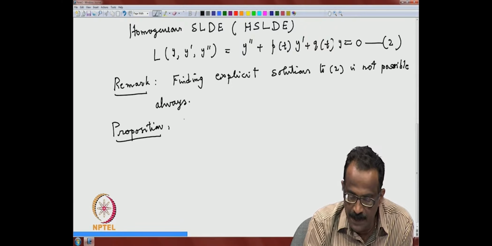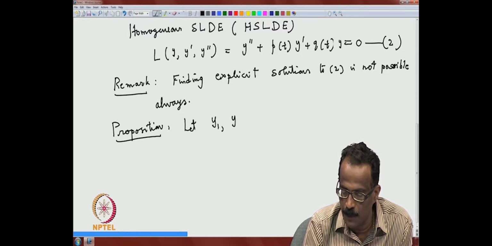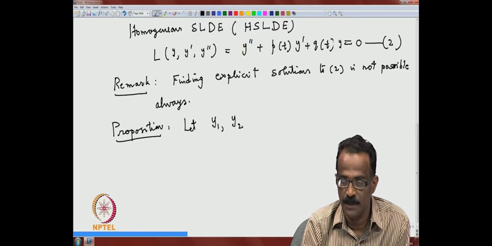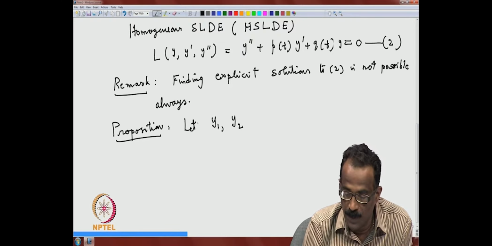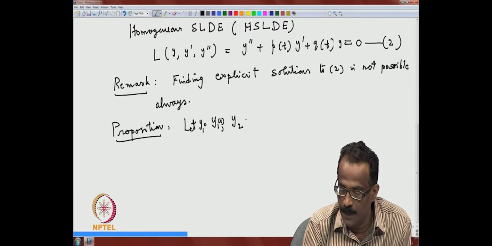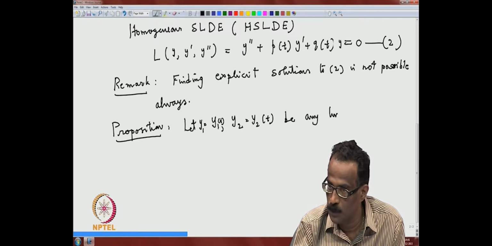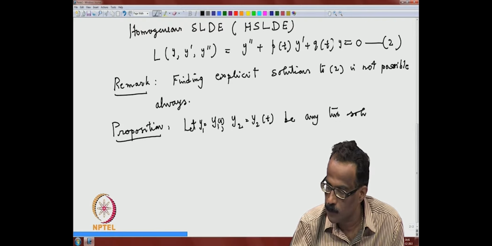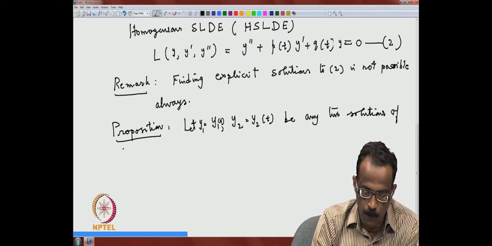Let y1 equal to y1 of t and y2 equal to y2 of t be any two solutions of 2.